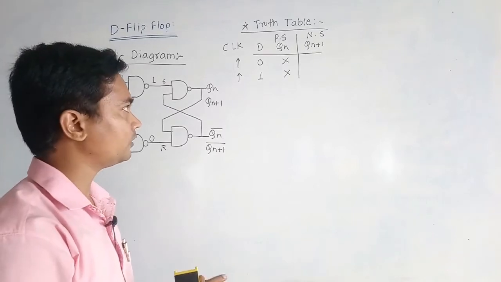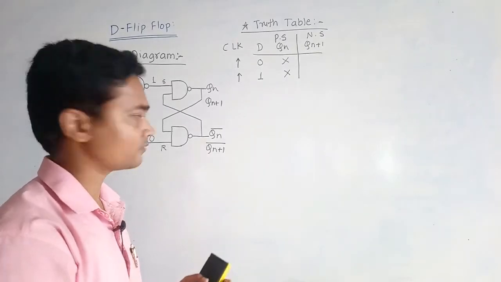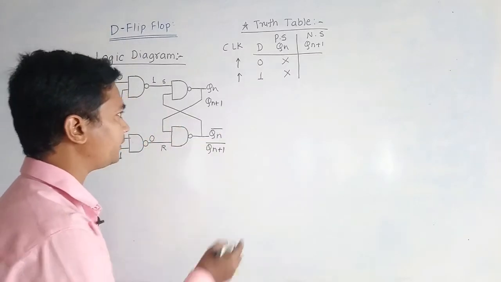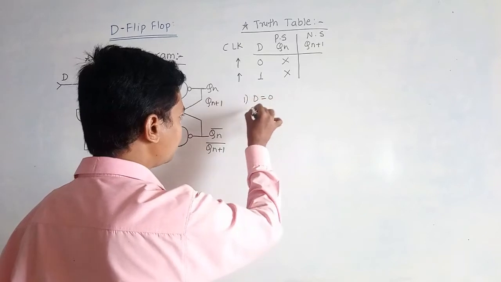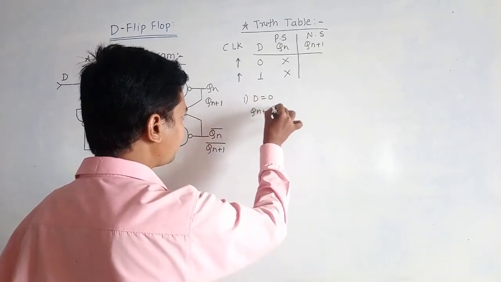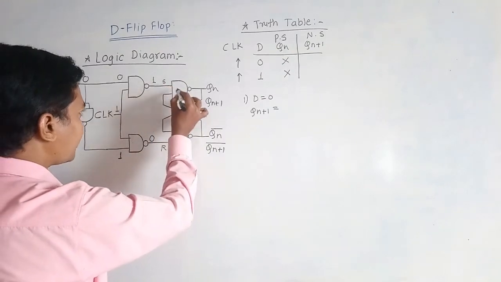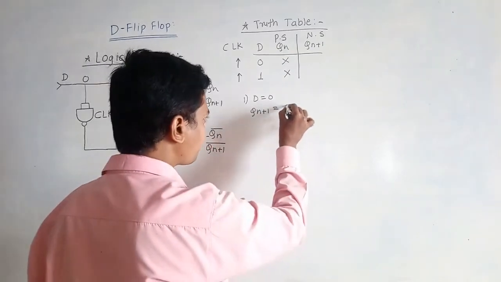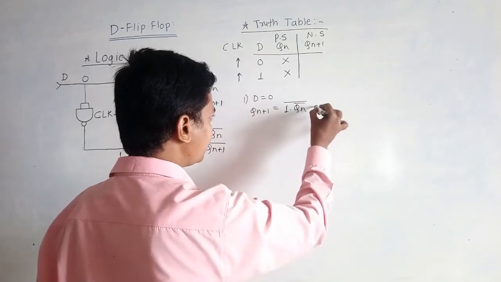So we will calculate only Qn plus 1. When D equals 0, what will be Qn plus 1? Qn plus 1 will be 1 dot Qn bar, whole bar, which is equal to what?